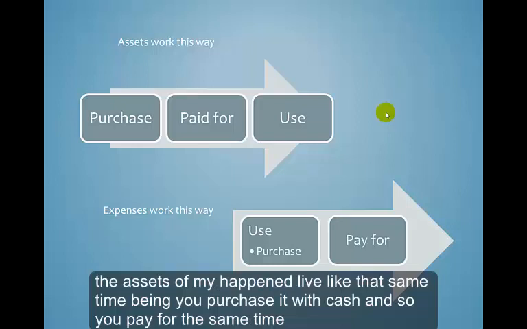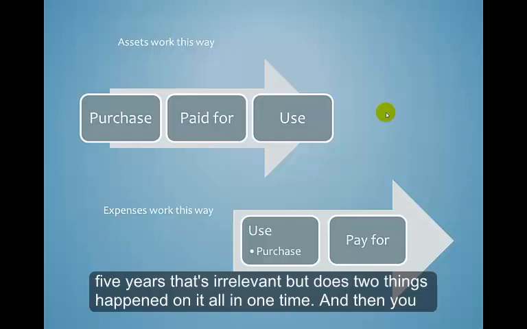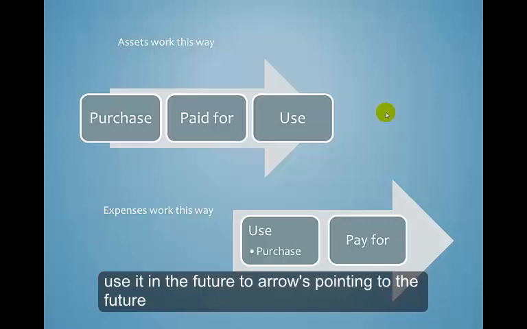Now that might happen right at the same time, meaning you purchase it with cash and so you paid for it at the same time. Or it may happen at different times, and you purchase it 1 month and pay for it the next month, or you purchase it today and you pay for it over the next 5 years. That's irrelevant, but those two things happen in one time period, and then you use it in the future.